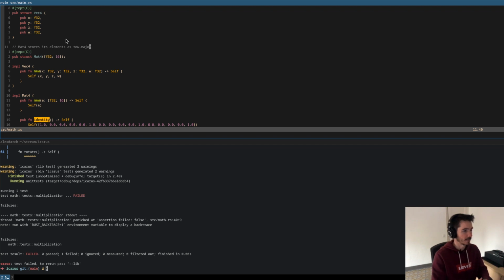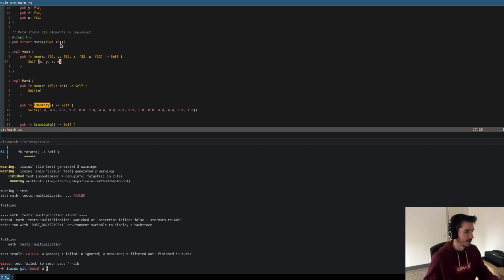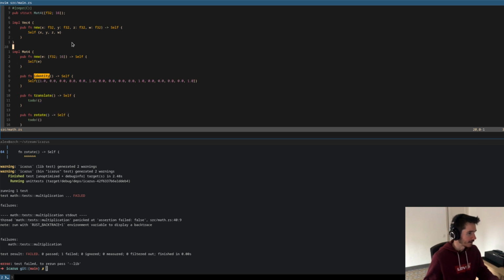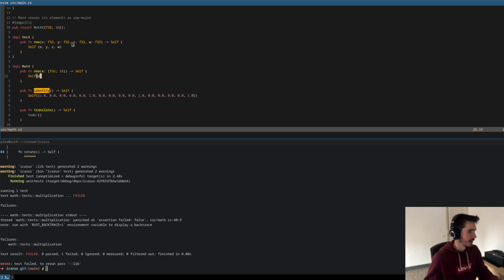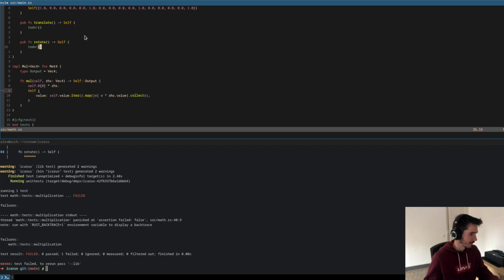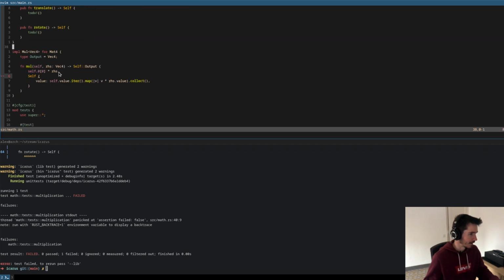I think it is. So basically the first elements of the array are gonna be the first row, not the first column, because we could choose to implement it the other way, right? In fact, I think OpenGL does it in column major order, so we need to be careful about that.